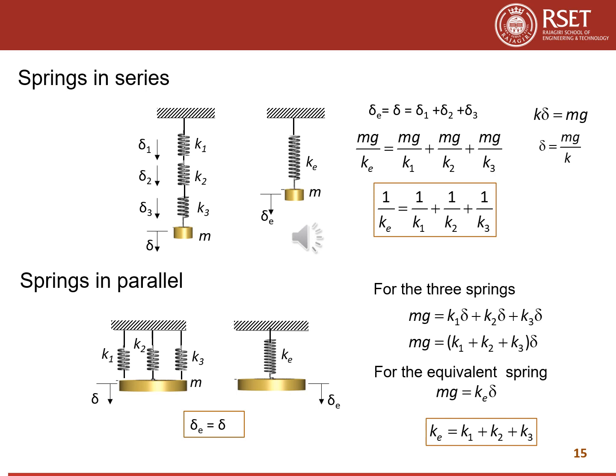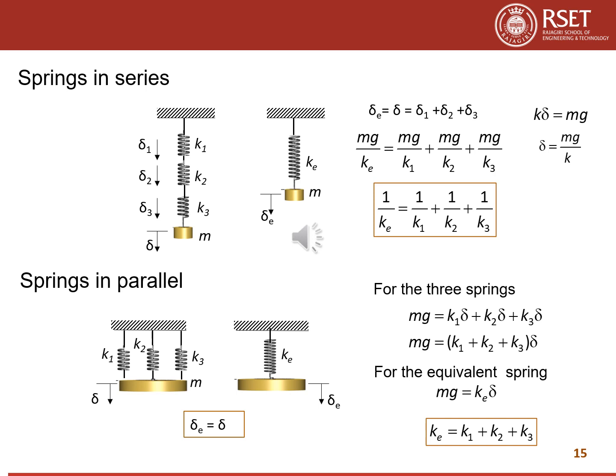So we know that for the equivalent spring, mg will be equal to Ke into delta. Now, if we consider the free body diagram of the mass with the 3 springs, we will have mg acting down, and in each spring there will be a spring force acting up.